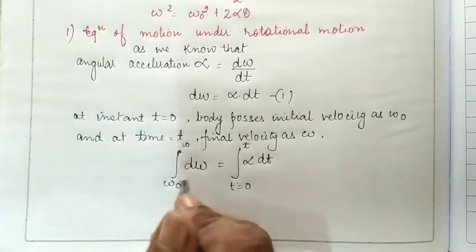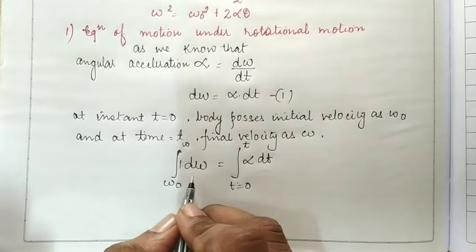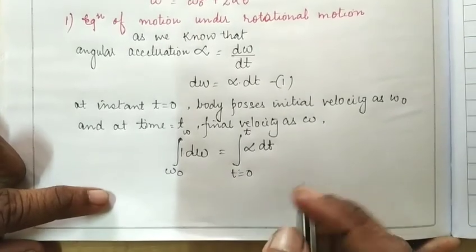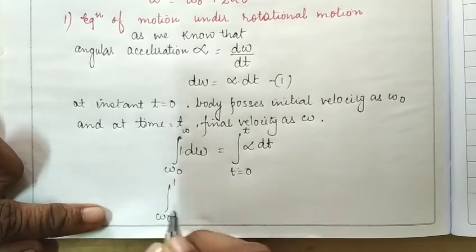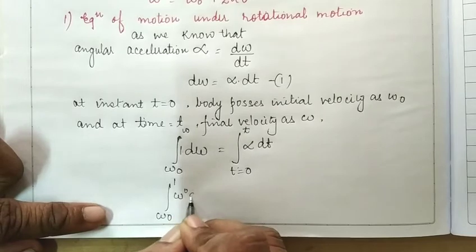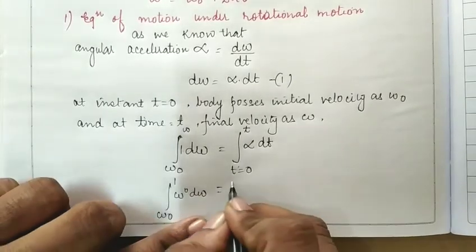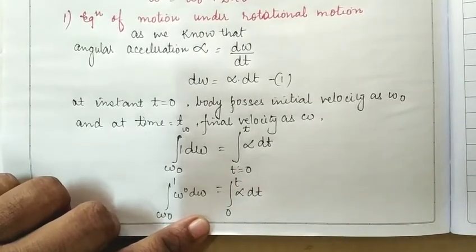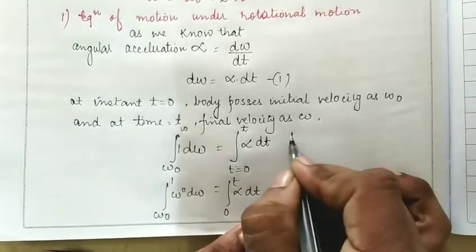As we know, 1 into d omega, instead of 1 we can write omega to the power 0. So the integral from omega naught to omega of omega to the power 0 d omega equals the integral from 0 to t of alpha into dt.